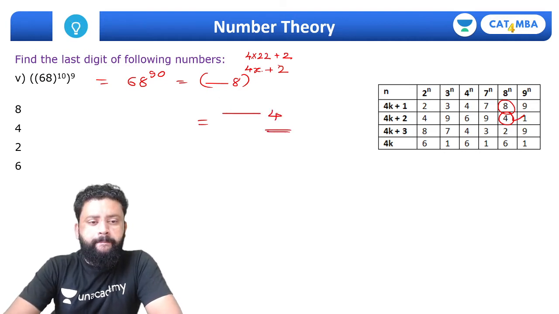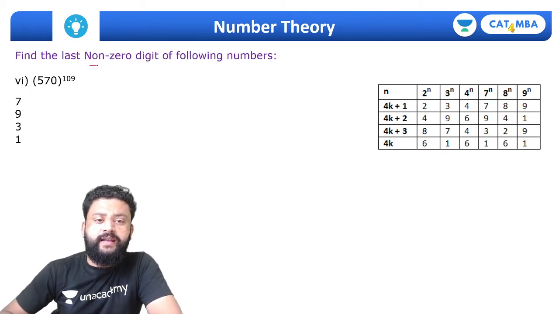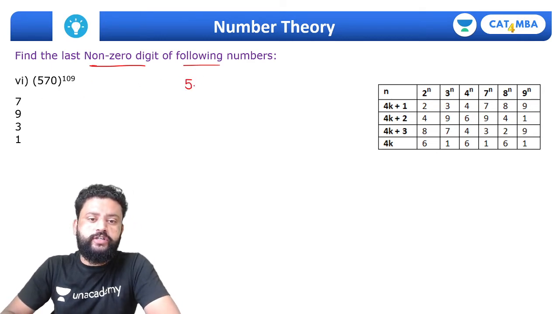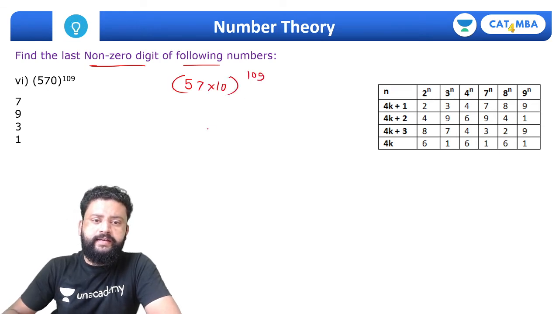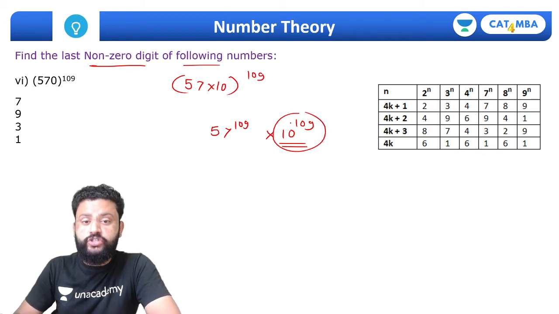Next thing, we are supposed to find the last non-zero digit. Okay, the last digit is definitely going to be 0 here, but how to get the last non-zero digit? It is 57 into 10 to the power 109. It is 57 to the power 109 into 10 to the power 109. So there will be 109 zeros.